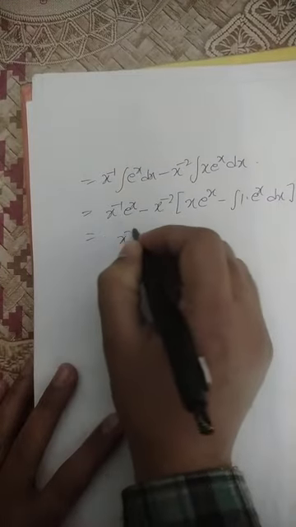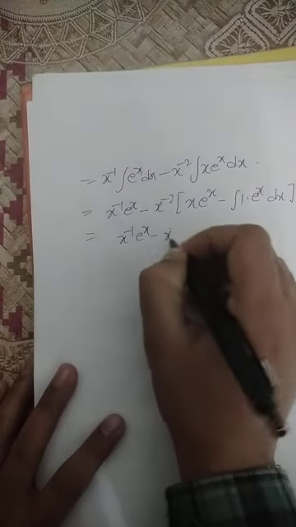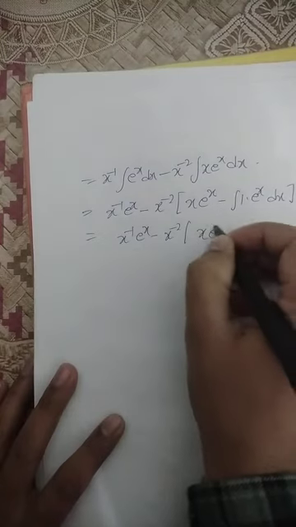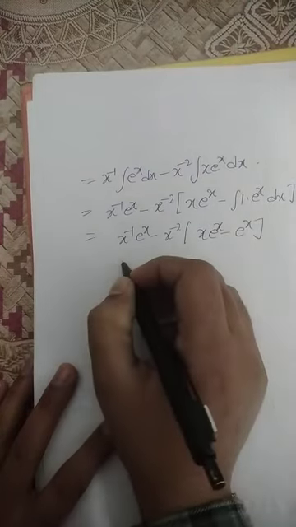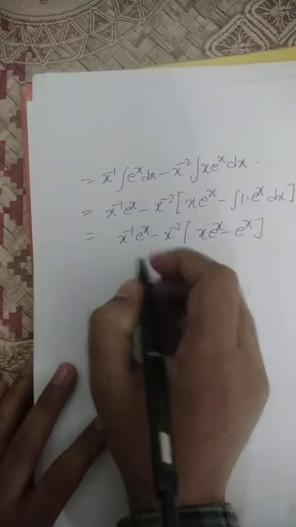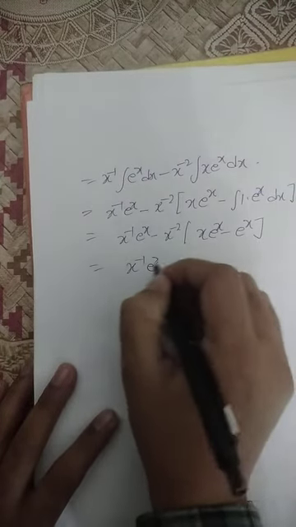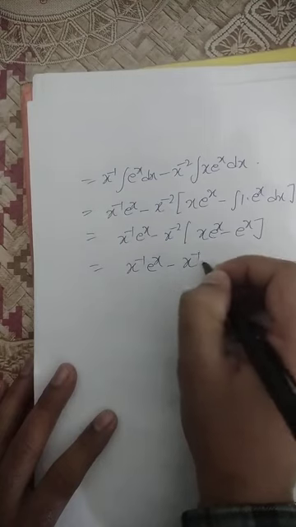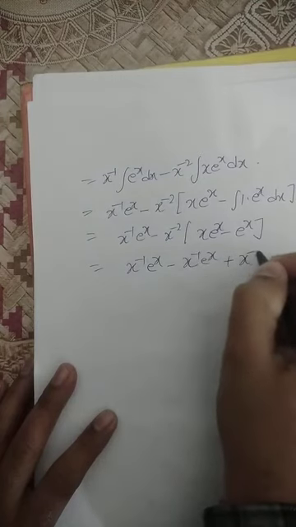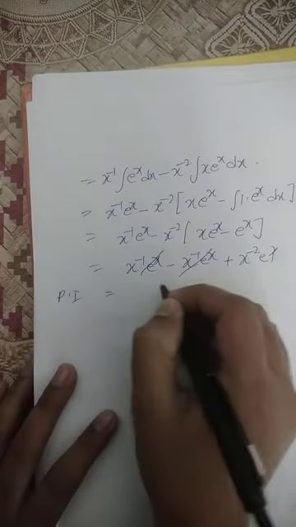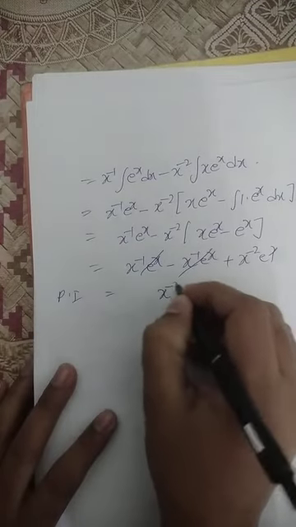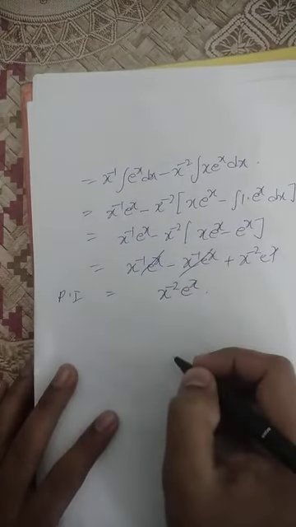It is a simple integration, nothing too much. So what do you get? This will be minus 1 e to the power x plus x, and these will be cancelled out. So your PI will be x minus 2 e to the power x.